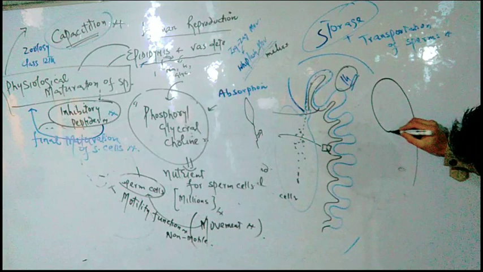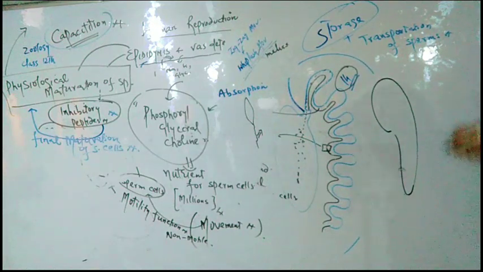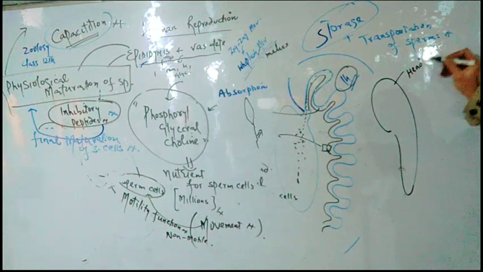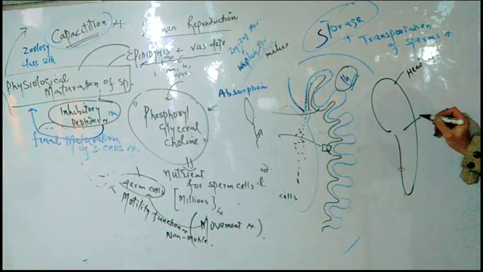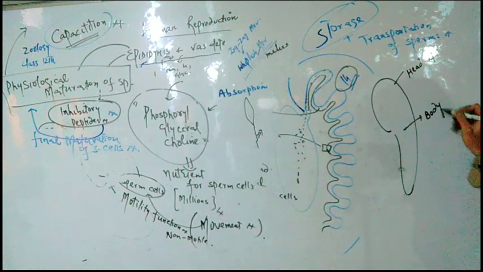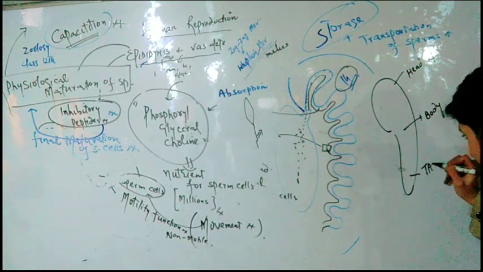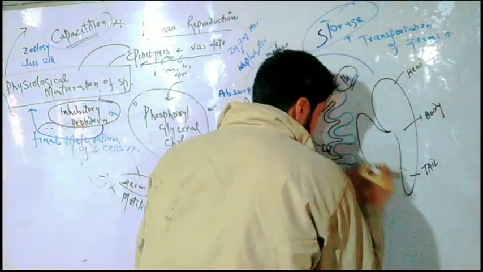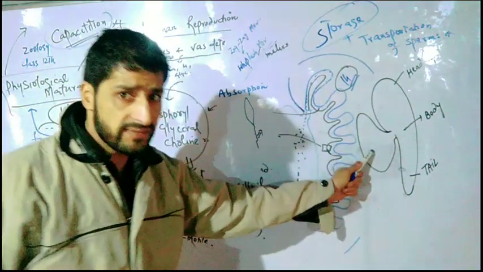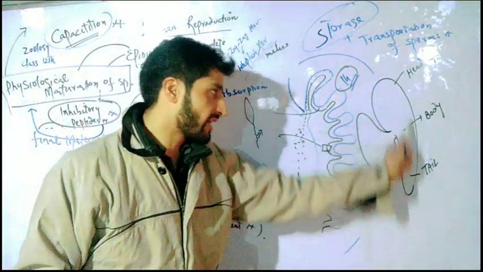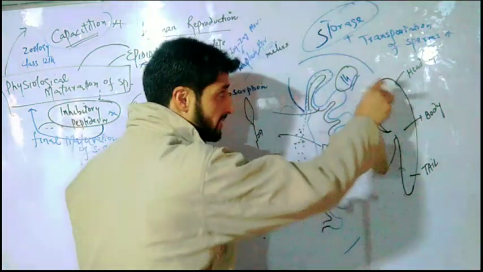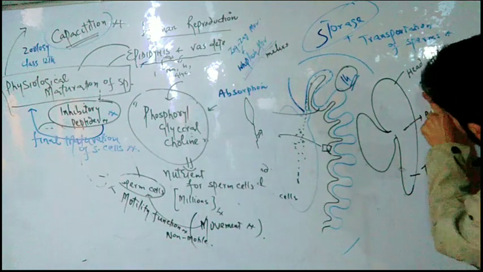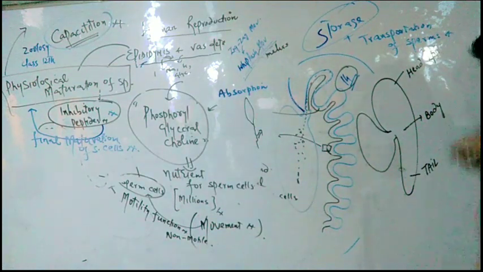epididymis actually contains three parts. The first part is called head epididymis. Second is called body, and the third part is known as tail. What I told is that attached with the testicle is present epididymis. This epididymis contains three important regions. The first region being the head, second body, third tail.